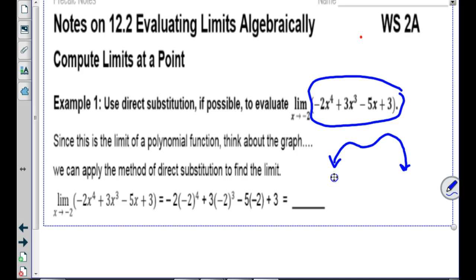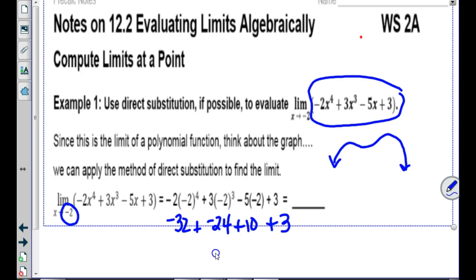Okay. It's a continuous function, though, so we can apply direct substitution. It wanted the limit at negative 2. Notice this was a two-sided limit, okay? So they substituted it in. Oh, can someone help me? This would be 16 times negative 2. This would be negative 8 times 3. Negative 43.